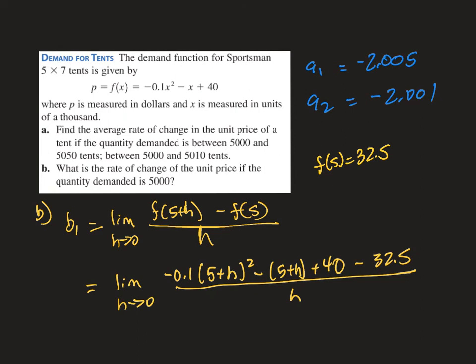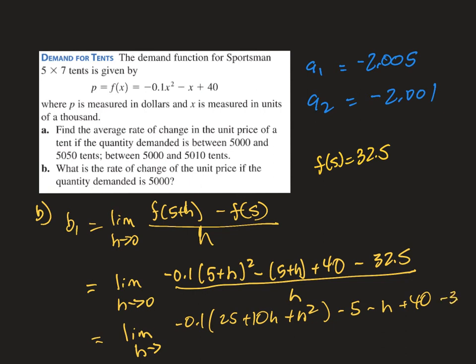And let's multiply this out. This is going to be negative 0.1 times 25 plus 10h plus h squared, minus 5 minus h, plus 40 minus 32.5. Oops. I'm getting sloppy here. I need to start on the next slide.